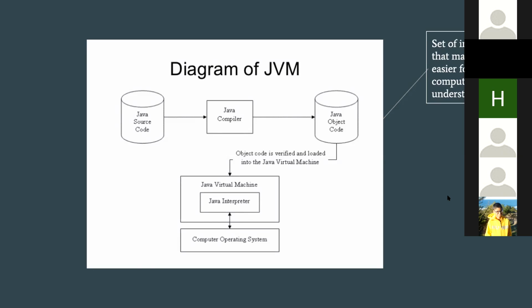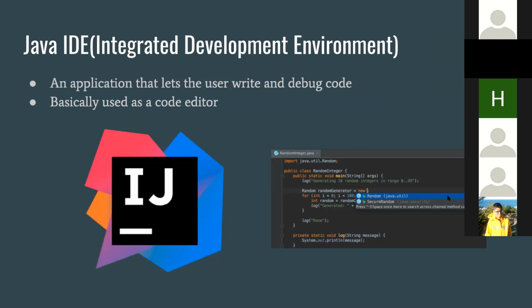Yeah, so, okay. So Java IDE, based on this image of IntelliJ, can anybody guess what an IDE is? Feel free to unmute yourselves, guys, no worries. It's where you write the code.